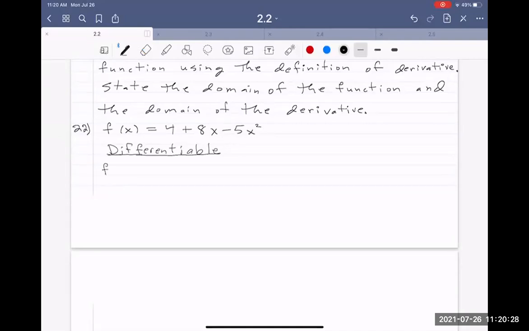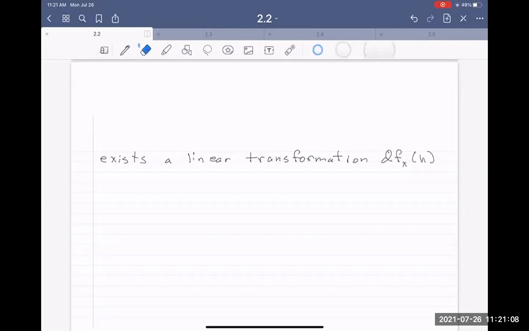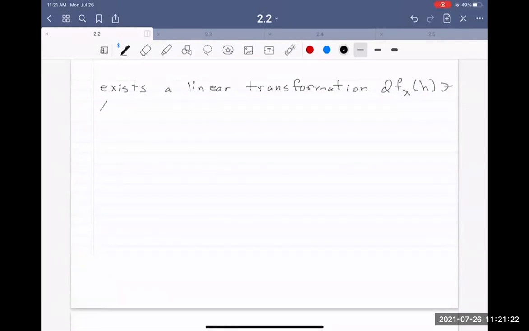So f is differentiable at x if there exists a linear transformation df sub x at h such that delta f sub x at h equals df sub x at h plus little o of h. There.